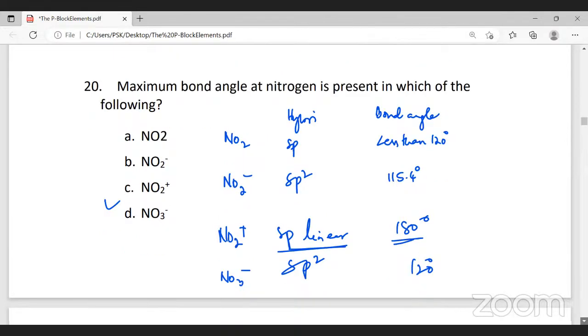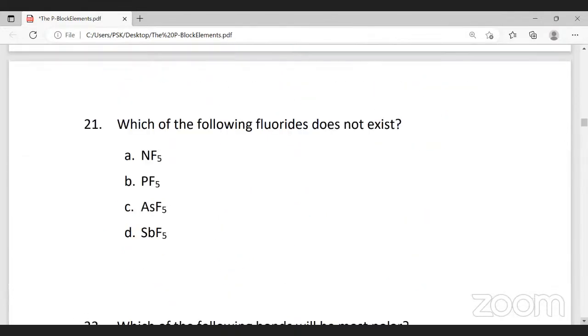The next question, which of the following fluorides does not exist? NF5, PF5, AsF5, SbF5. Nitrogen does not form pentahalides because it does not have vacant d orbitals.